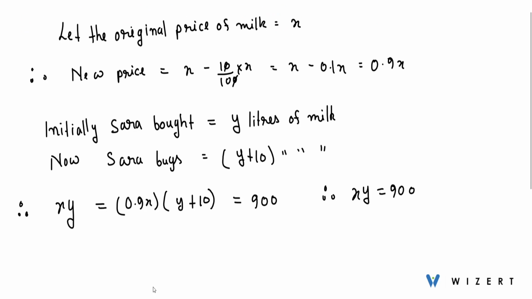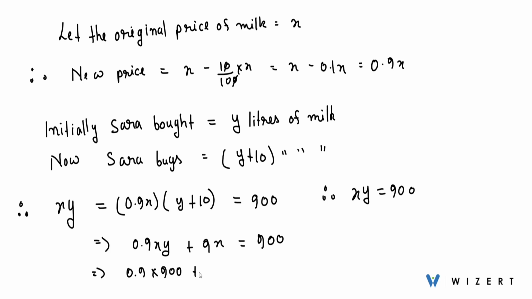So let's simplify it further. So 0.9xy plus 0.9x multiplied by 10, which is 9x, will be equal to 900, but xy equals 900, so 0.9 multiplied by 900 plus 9x will be equal to 900.